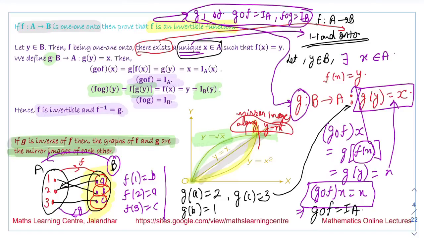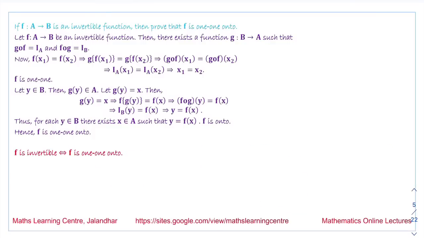Now the next theorem we have is, if f from A to B is a function and it is given that it is an invertible function, then we have to prove that f is 1-1 and onto.